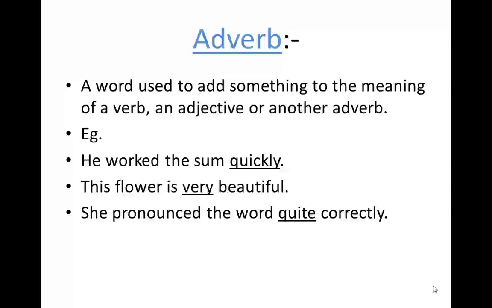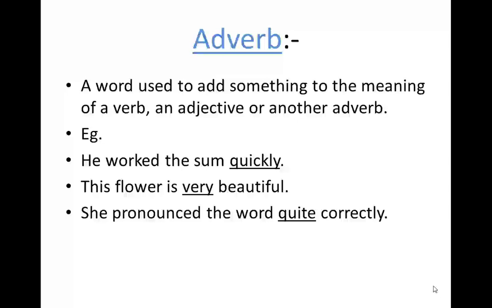Fine. In the next sentence, this flower is very beautiful. Beautiful is an adjective. So over here it is adding a meaning to an adjective. That is, this flower is very beautiful.